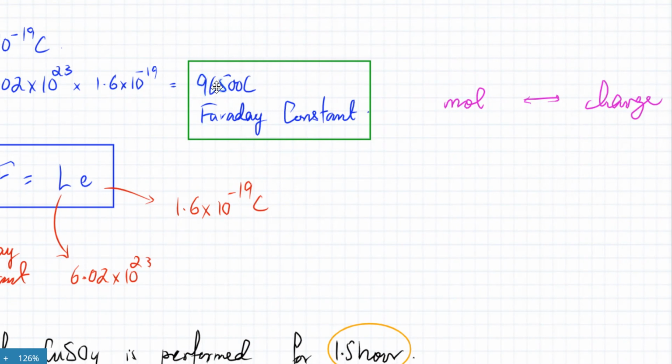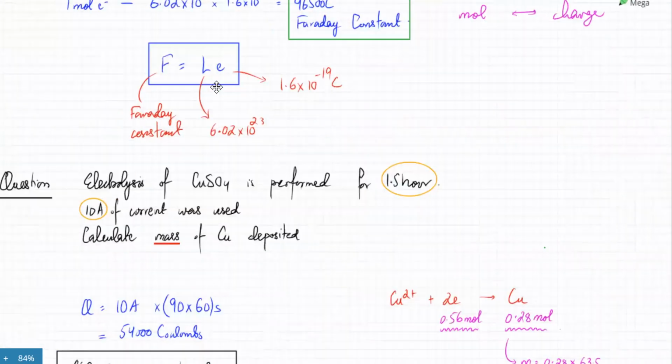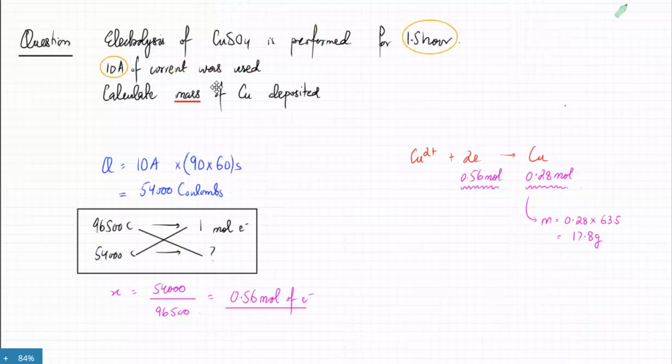We found the charge first, then converted the 54,000 coulombs into moles of electrons. Once you knew the moles of electrons in the equation, you could use ratios to find the moles of copper, and then the mass of copper. So is this question clear? Yes, sir.